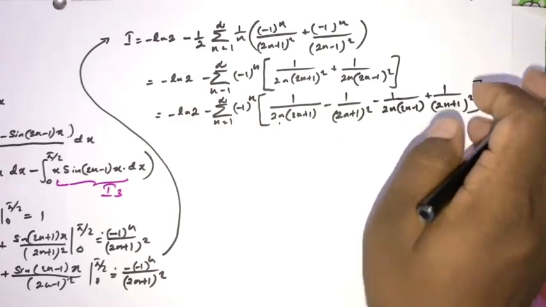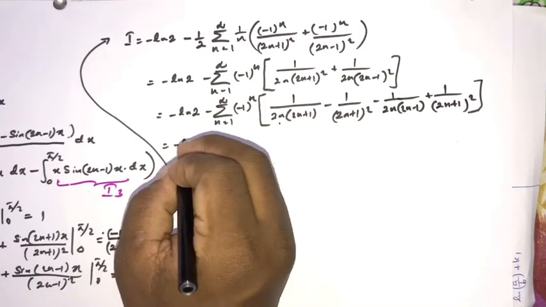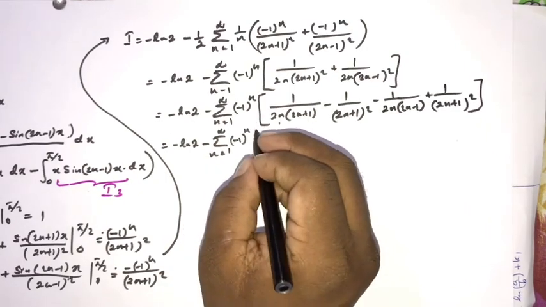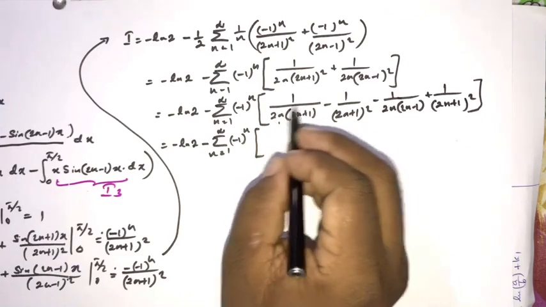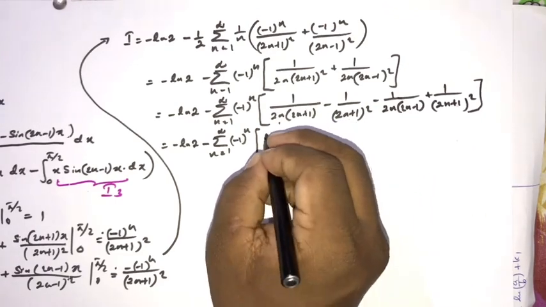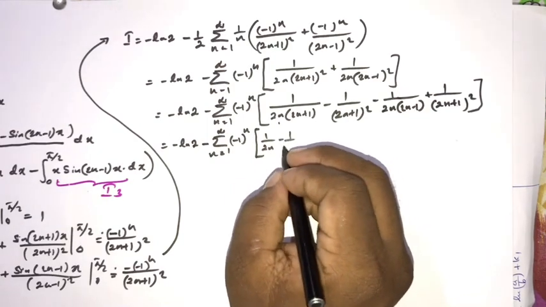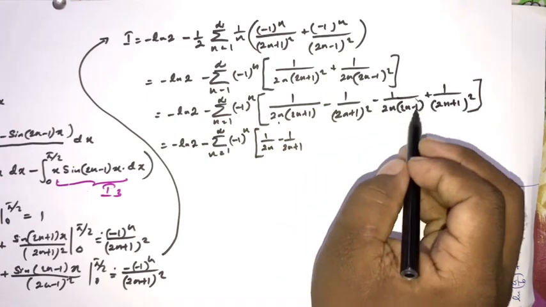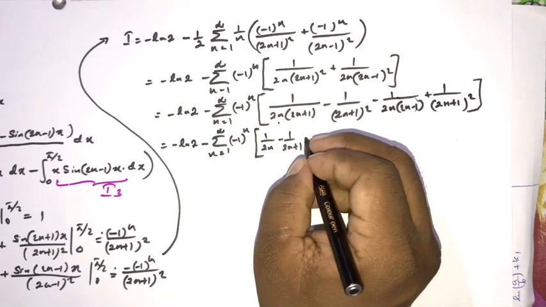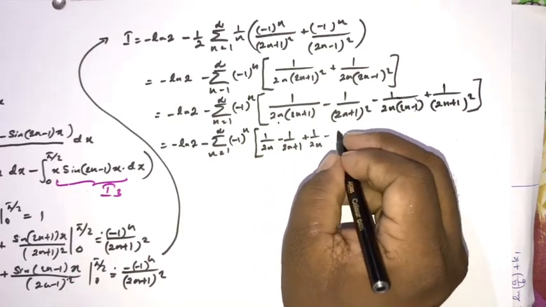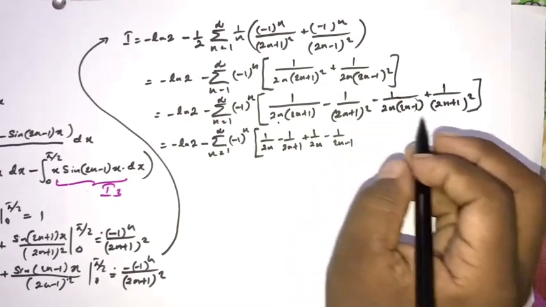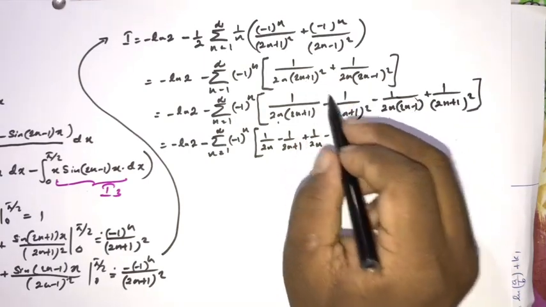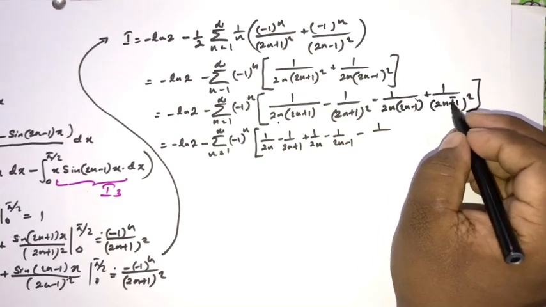Okay, then again we can simplify: minus natural log of 2 minus sum n equals 1 to infinity, minus 1 to the n times, now again we can simplify this part like 1 over 2 times n minus 1 over (2n plus 1), then here minus also we can simplify this part like again 1 over 2n minus 1 over (2n minus 1), then here we have minus 1 over, sorry, here (2n plus 1) squared, here we have (2n minus 1) squared.